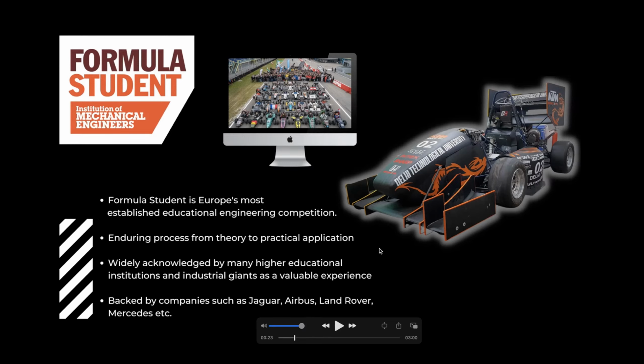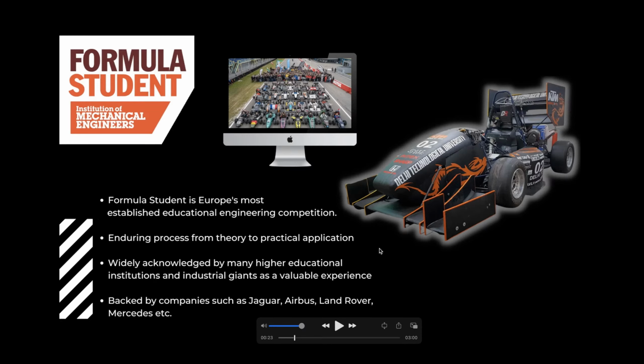This competition is widely acknowledged in the automotive circuit, and there are a lot of big names associated with it, the best kind of automobile engineers and motorsports engineers that you see. It's part of the same sort of collective that also organizes the Formula One competitions that you might have heard about. I'm pretty sure there are some Lewis and Max fans in the crowd.